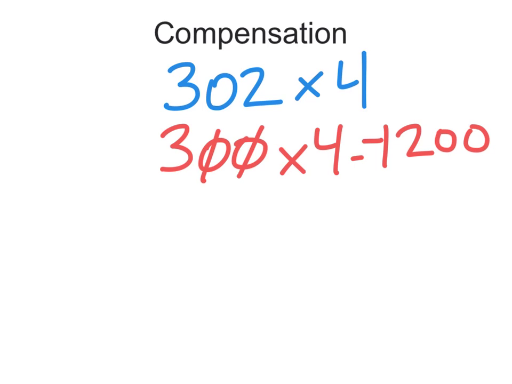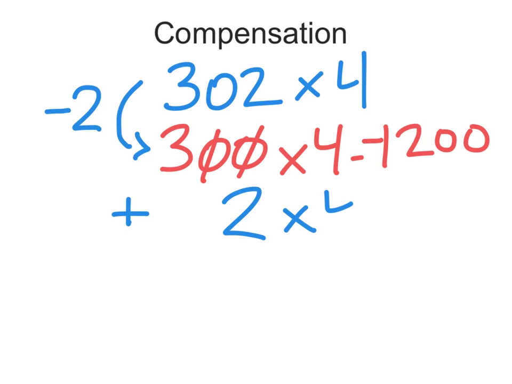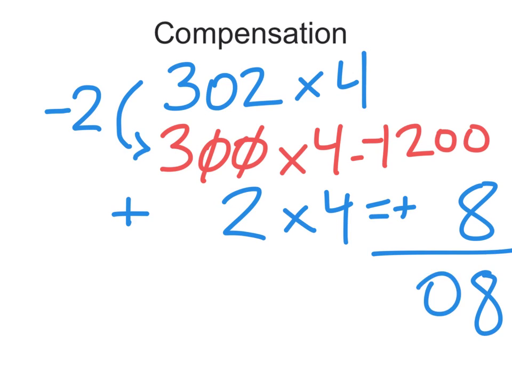But you'll notice that to get from 302 to 300, we actually subtracted 2 groups of 4. So in order to get back to 302, I have to add 2 groups of 4. 2 times 4 is 8, and I add that to the 1,200, and I get an answer of 1,208. Let's do one more example.